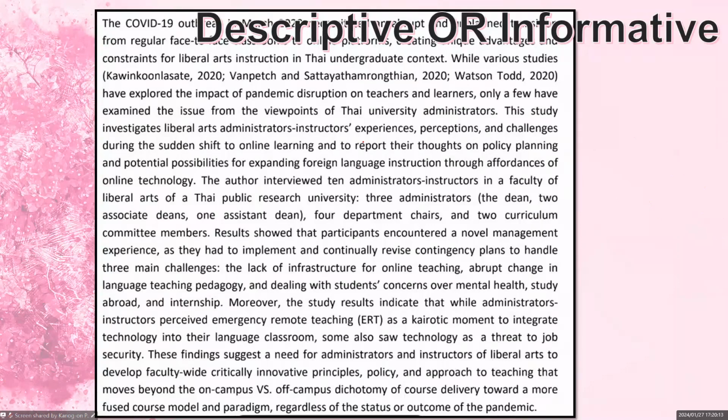So this is an informative. As you can see here, it's a very long paragraph, and you can see the study investigates, talking about an interview methodology, and then talking about the result, even talking about the findings. So it is informative. It will go into the details of each part of your research paper. Okay.